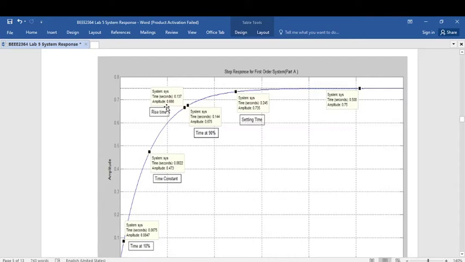The amplitude is 0.666, and the settling time is 0.245, and the amplitude is 0.735.